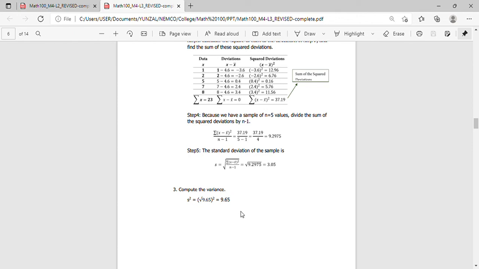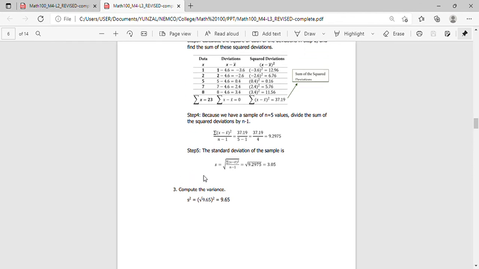Dili ka makakuha ng variance kung wala ka ning agi ng standard deviation. Okay, so that is square nimo si 3.05. Pila man? 3.05 times 3.05. So that is 9.65. Or, yeah, I guess that's it.